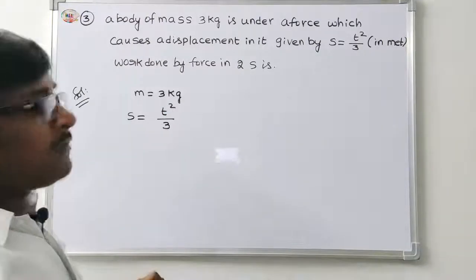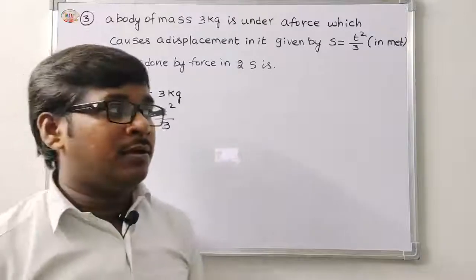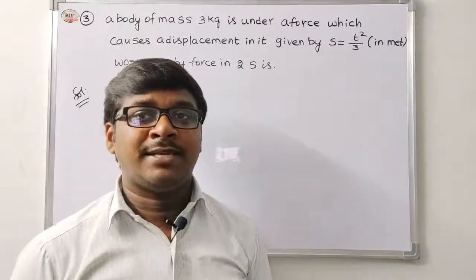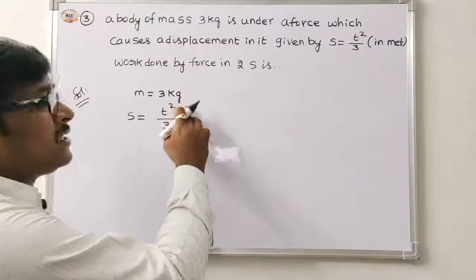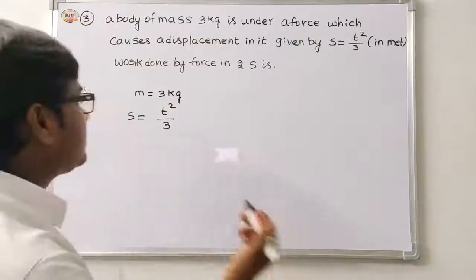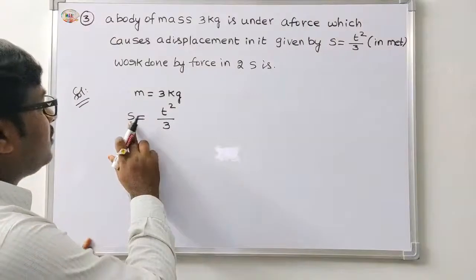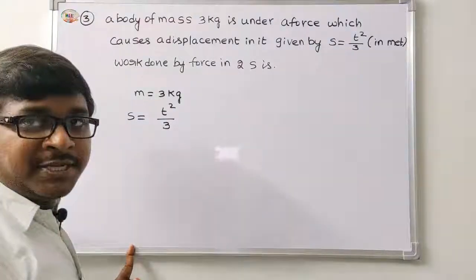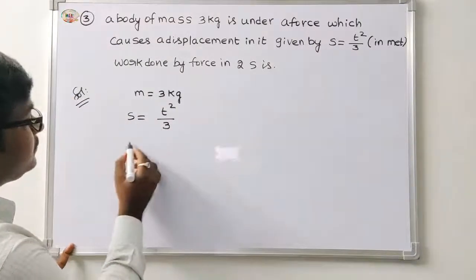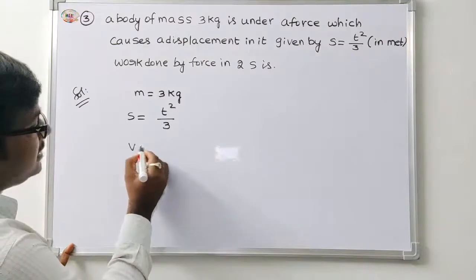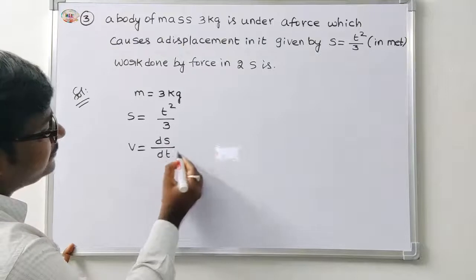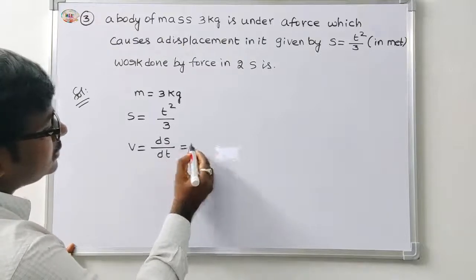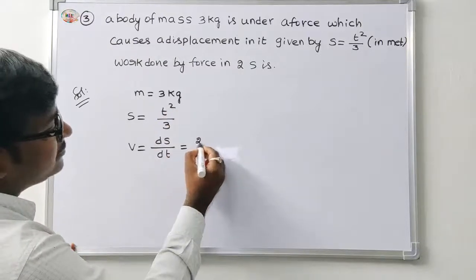Okay, find the work done, students. The work done formula: W = F into S, where F is mass into acceleration. The mass value is given. Next, the acceleration. The displacement is differentiated with respect to time. Then v = ds by dt, that is equal to 2t by 3.